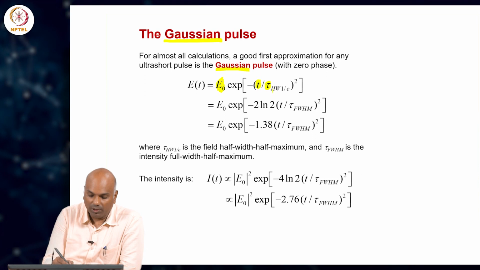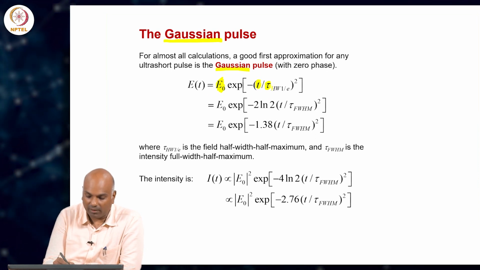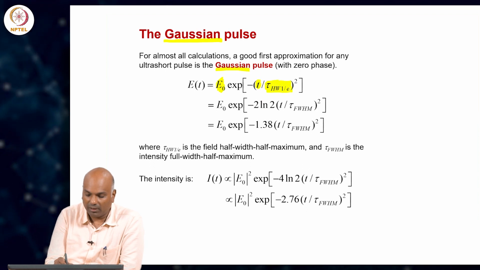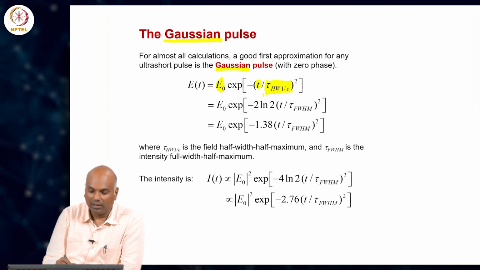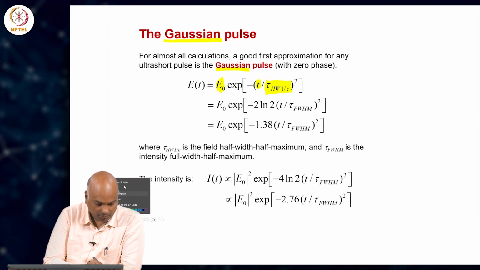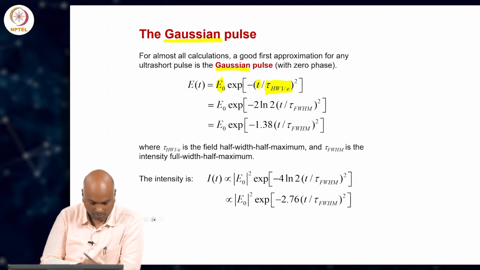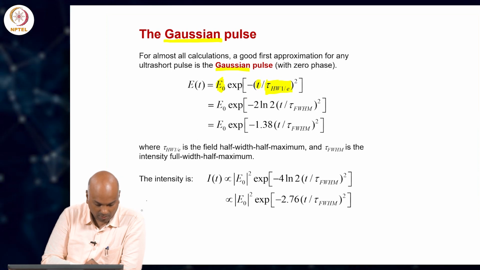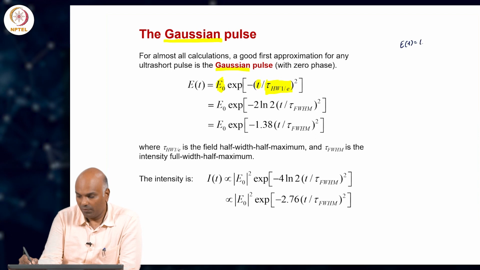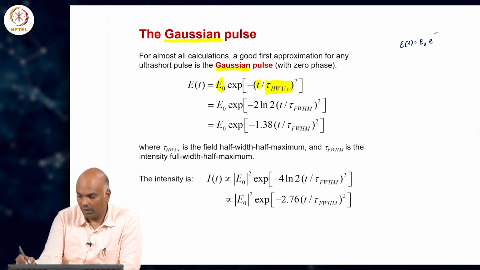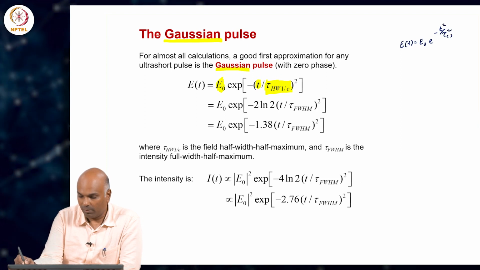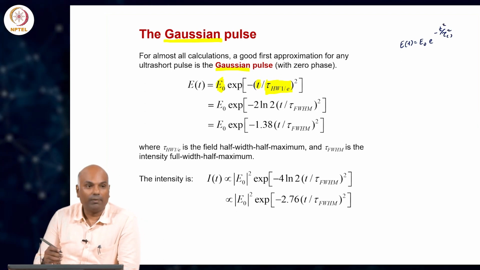If you use this tau, then you get the simplest expression for the Gaussian function in its mathematical description. That is, if I take a Gaussian and write it down as E of t is E naught e to the minus t squared by tau squared.